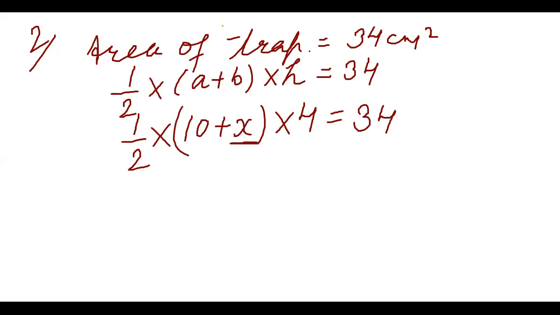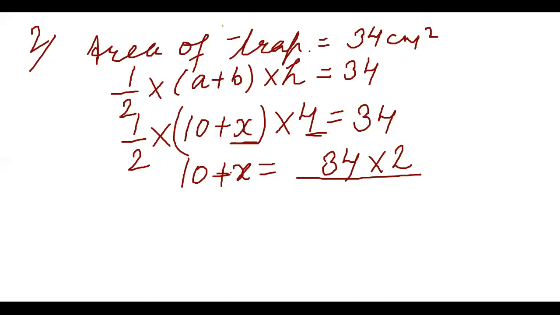And in place of b we have put x. Now let's solve it. 10 plus x you will write down as it is equal to 34. 2 will be multiplied on the other side as it is divided, and 4 will be divided on this side. Okay, let's take the constant to the other side. Now cancel it. 17.